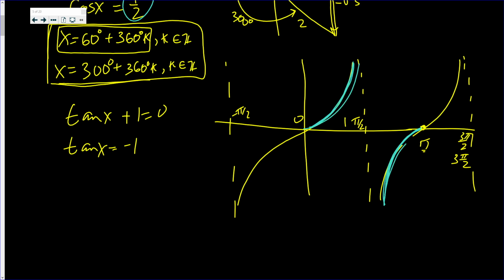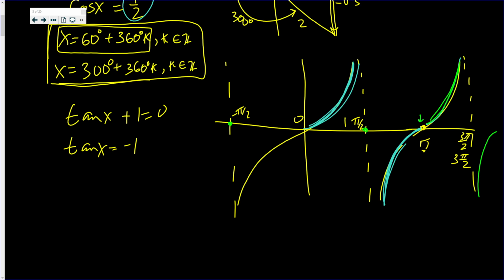Okay, for example, after here, this should repeat. And look at it. That's what's repeating. And then this, that is what's repeating. And I would normally say a period goes from negative pi over 2 to pi over 2.